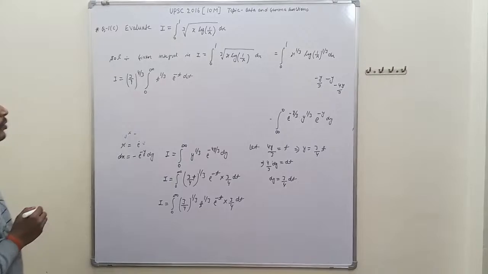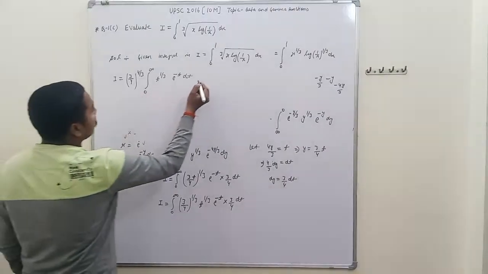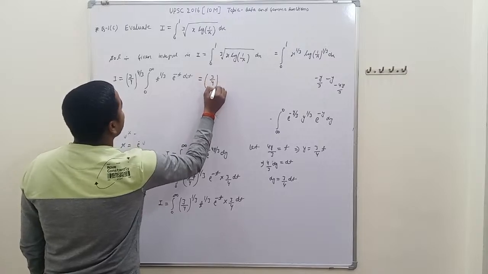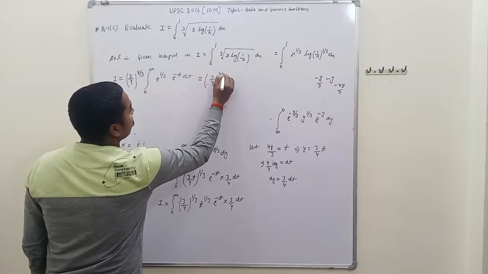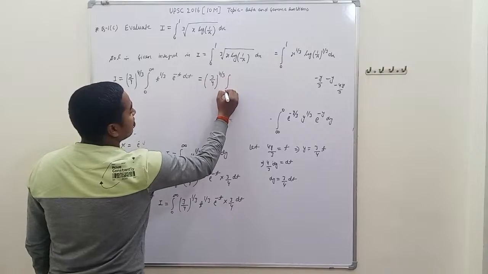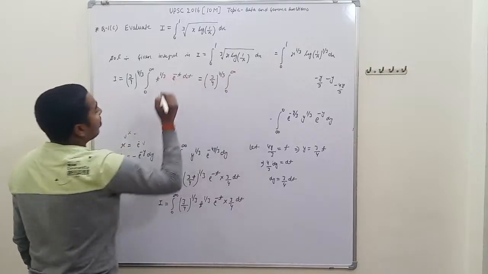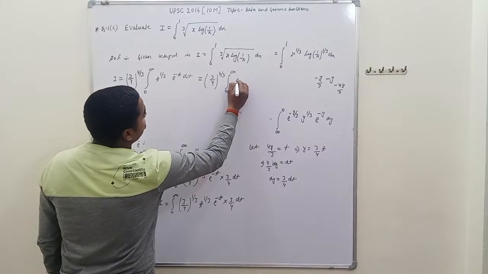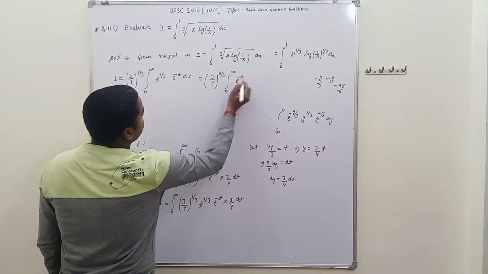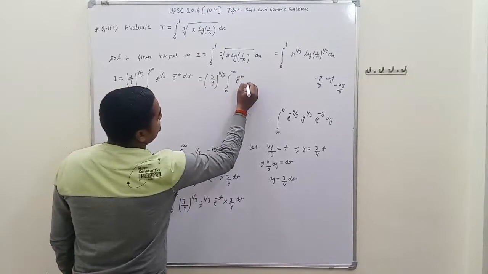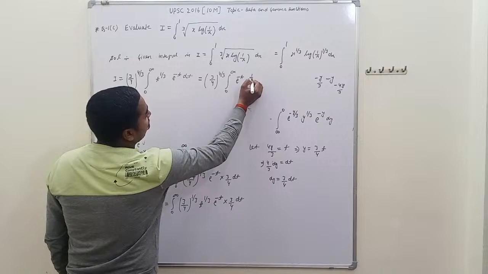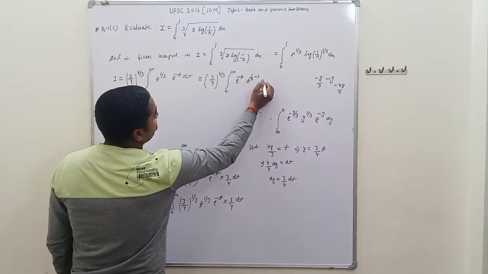Further we can also write this as (3/4) to the power 4 by 3, and integral limit is 0 to infinity, e to the power of minus t and t to the power of 4 by 3 minus 1 dt.